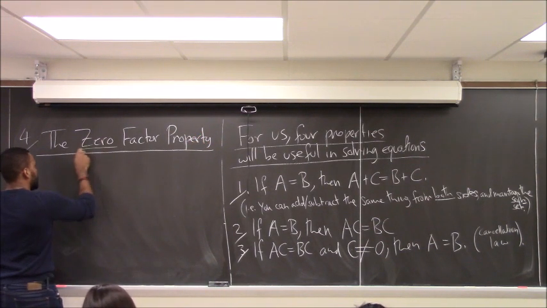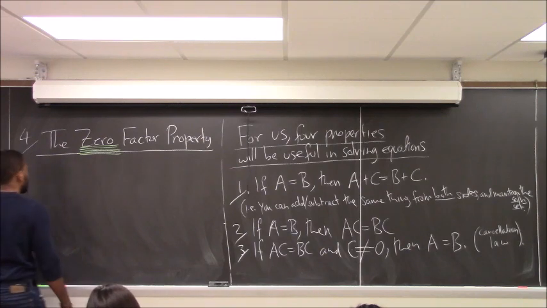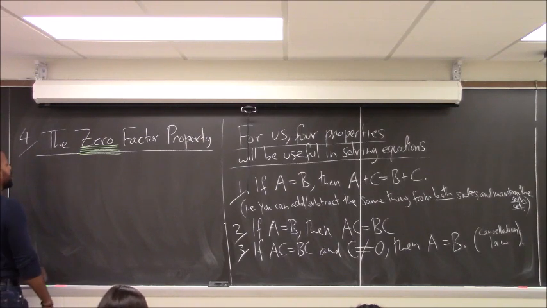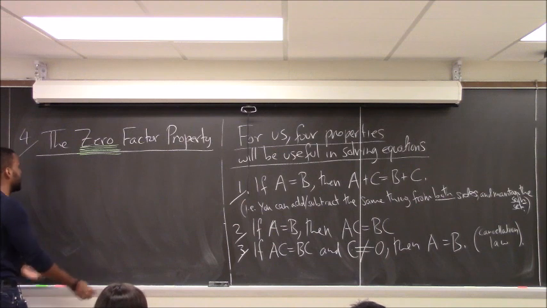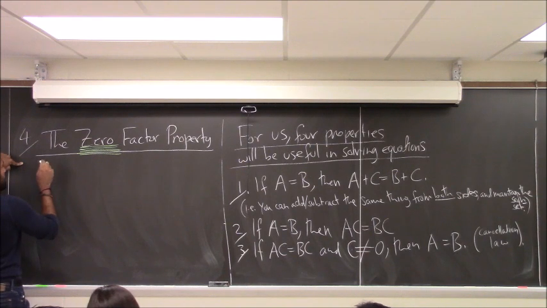Emphasis on the word zero. It works specifically with the number 0. It does not work in any other context, at least not in the real numbers. Again, this is only true at the elementary level. Once you get too complicated, this also doesn't work. But for us, it's going to work all the time. It's going to be awesome.